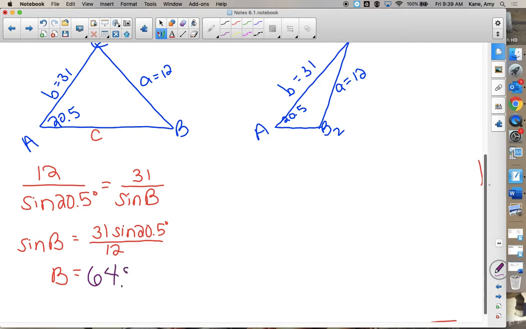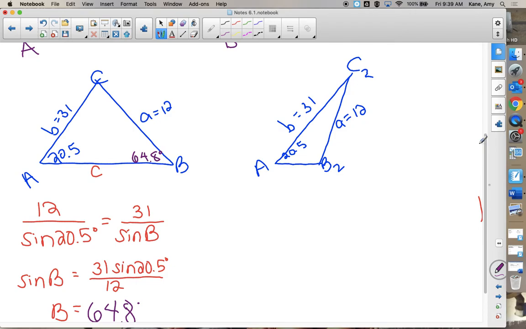Yes. So 64.8. So now we can find C, angle C, because we know the bottom angle is 20.5 degrees. The other bottom angle is 64.8. Add them together, subtract it from 180, and the leftover is the entire angle at the top.